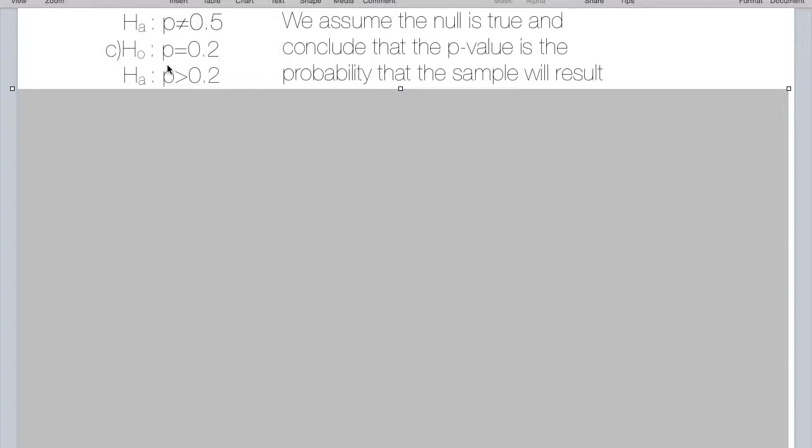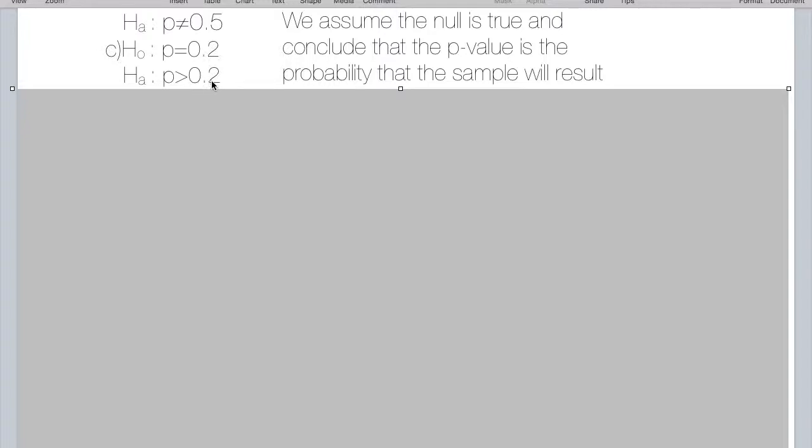If this motivational tape can do anything, then I want the data to reveal that or convince me of that. And so we think that the proportion would increase because this tape is effective. That's why the alternative in this case would be that p is greater than 20%.